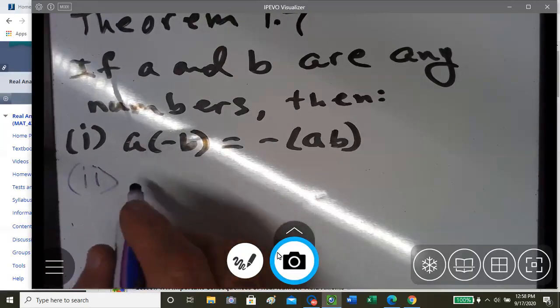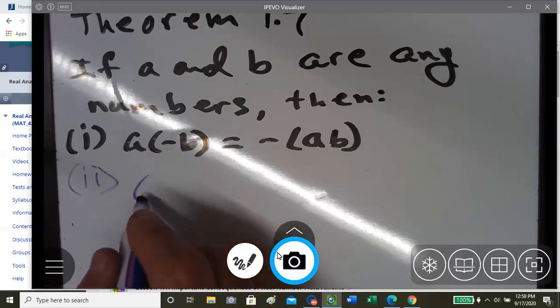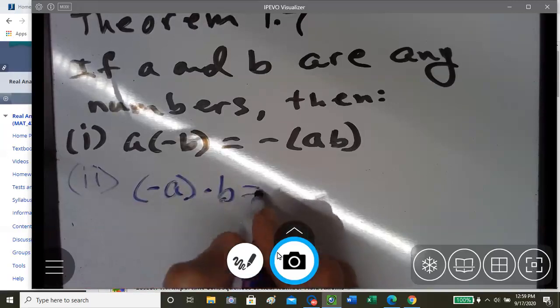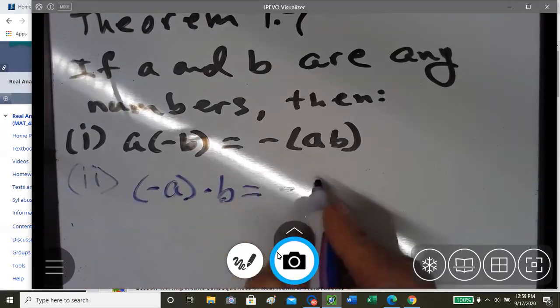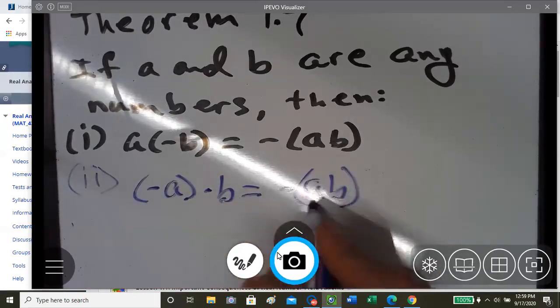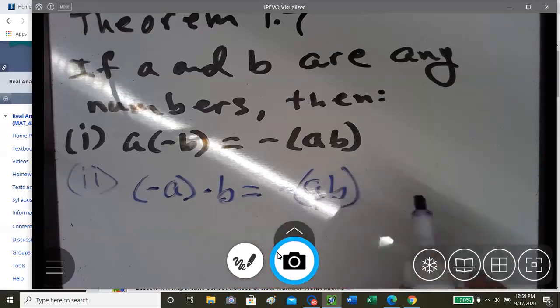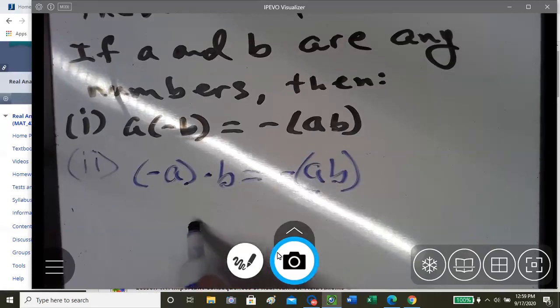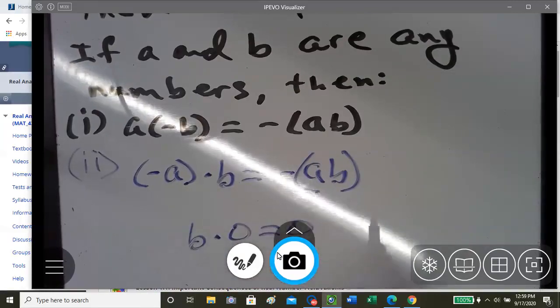Here we're saying for part II, negative a times b equals a negative ab as well. This time, instead of a times 0, we're going to use b times 0 equals 0, and we're going to say a plus a negative a equals 0.